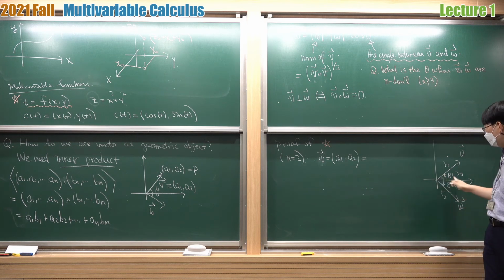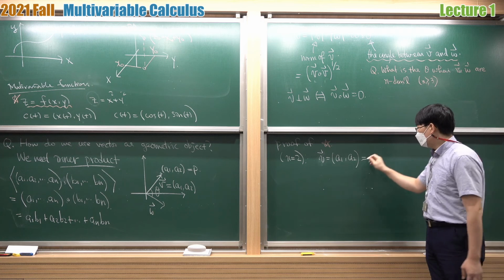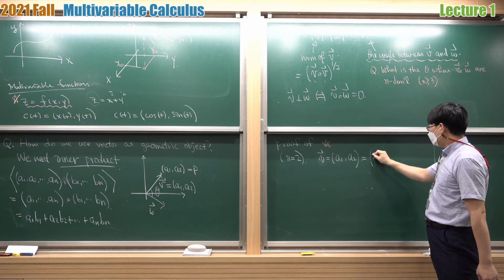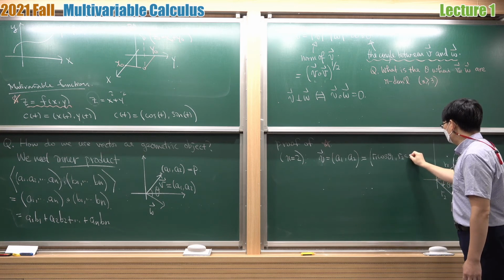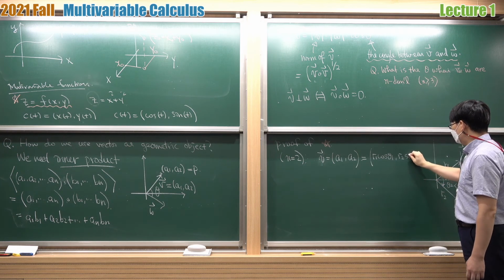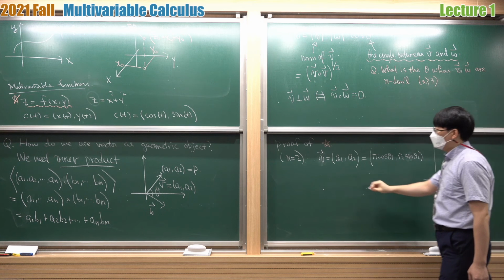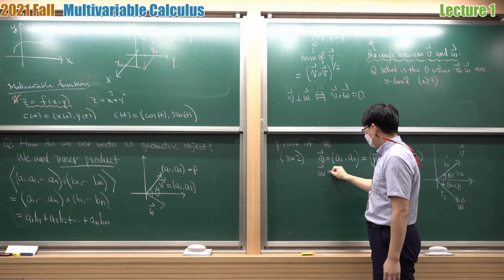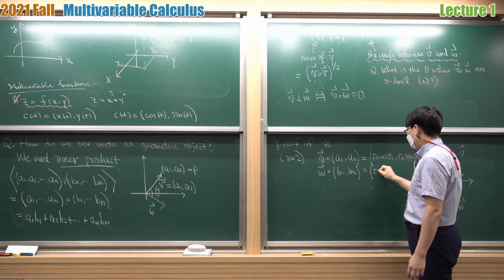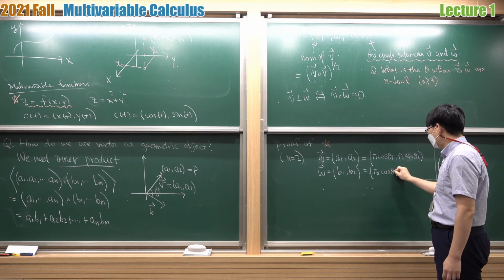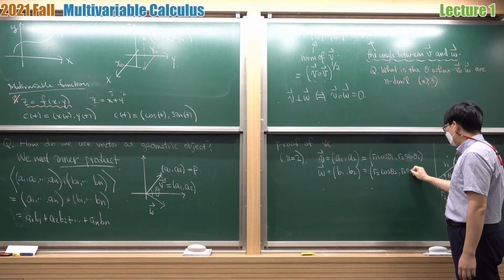Whichever value that is, I can express that in polar coordinates, so V is R1 cosine theta 1 and R1 sine theta 1. And W, let's say B1 and B2, is given as R2 cosine theta 2, R2 sine theta 2.